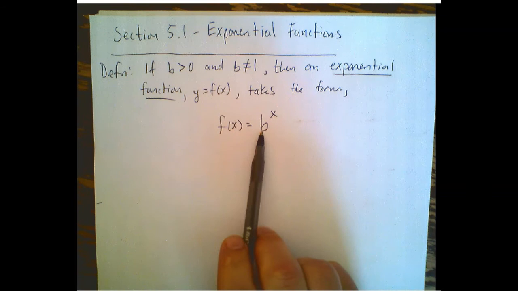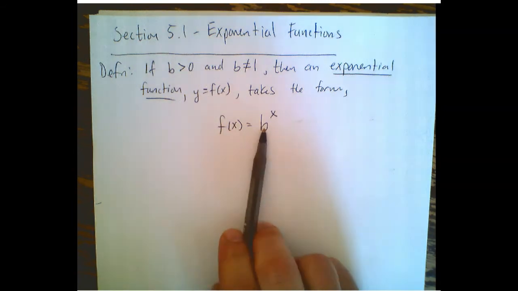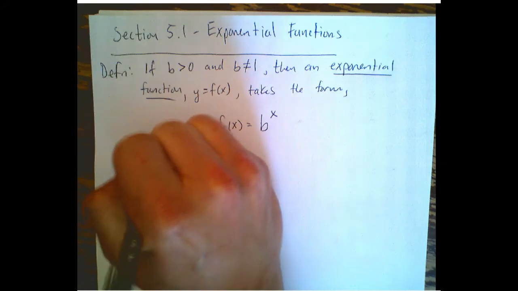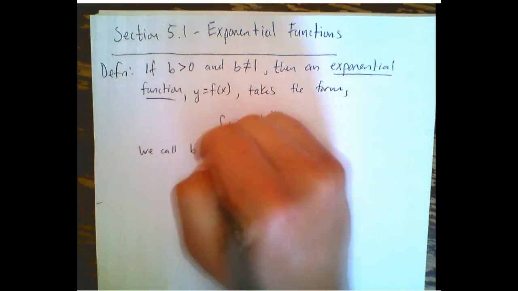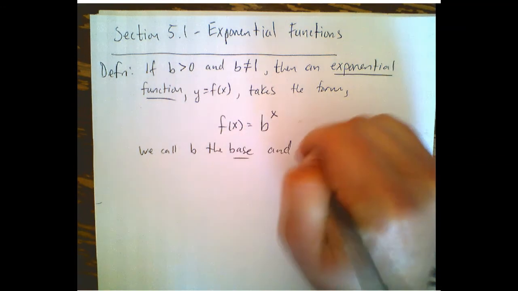So here you can see it's an exponential function because of the x in the power. So b is just some fixed number and x is going to vary. Here we call b the base and x the exponent.